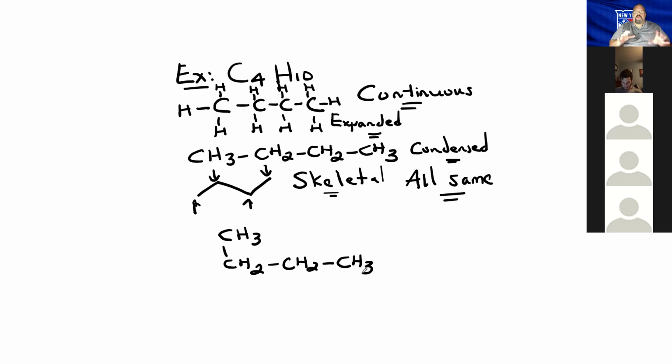Because one of the important points to keep in mind is that the carbon atoms don't have to be connected in a straight line to be in a row. All they have to be is connected to each other. So this is still 1, 2, 3, 4 in a row.